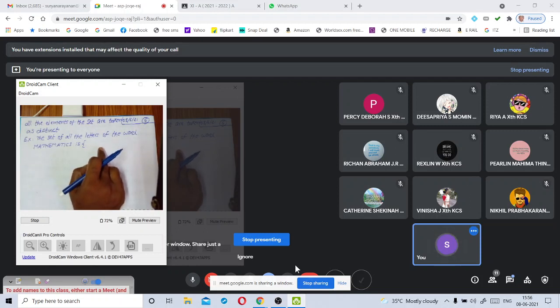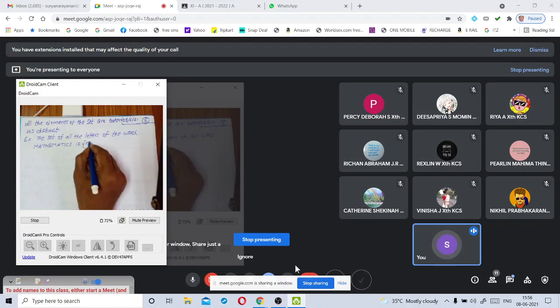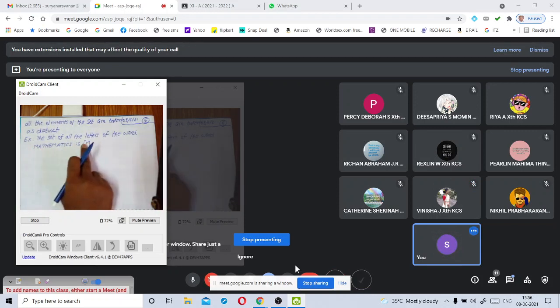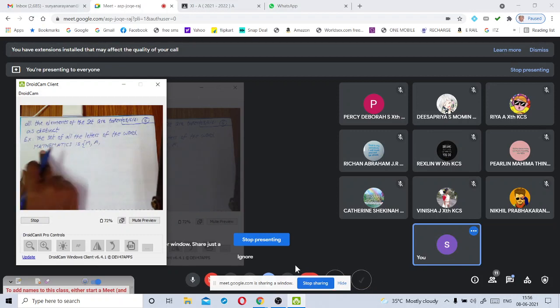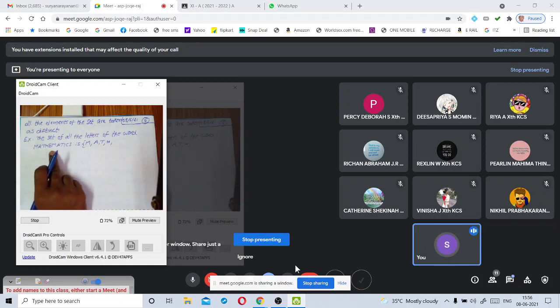Roster form. Okay. So we write the first letter M, comma. We separate the elements of the set. M, A. Next T. Next H. All of you listen to this example, my dear children, carefully.